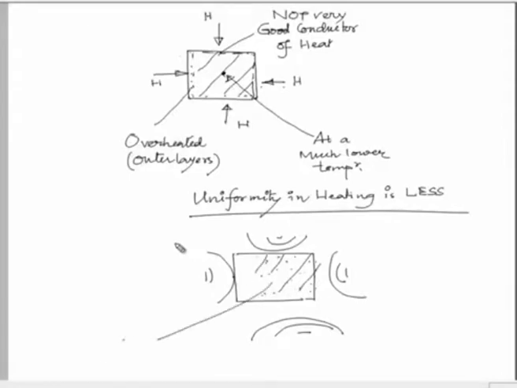This will be uniform heating, and the possibility of the outer layer getting overheated will be reduced, and therefore we can expect better product quality in microwave heating.